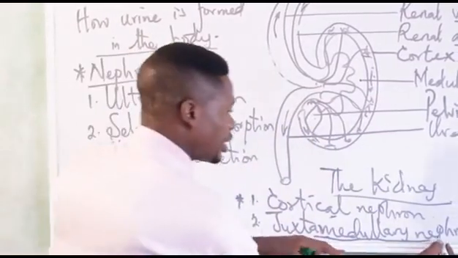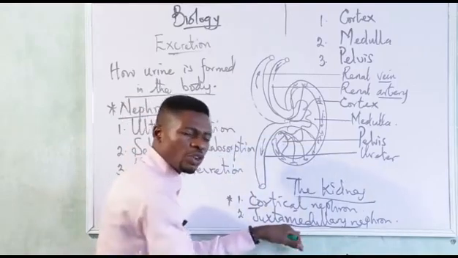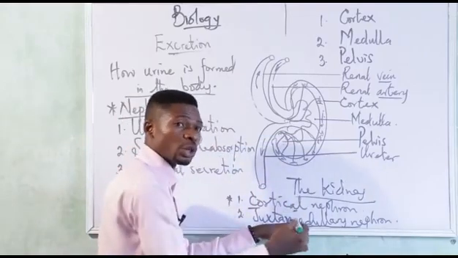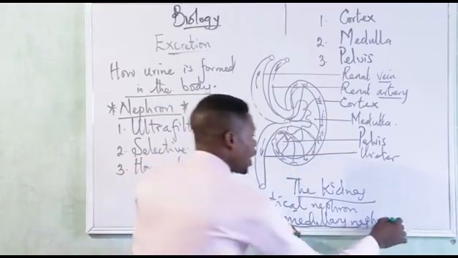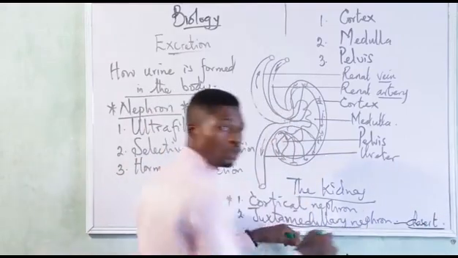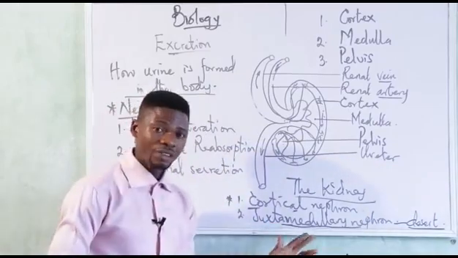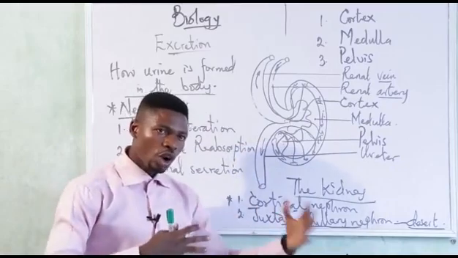Once this happens, it allows for more reabsorption of water. And this is found in desert animals. If you have an organism that is in the desert, definitely it is going to have its nephron longer.